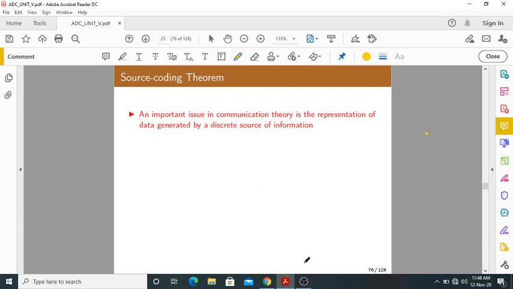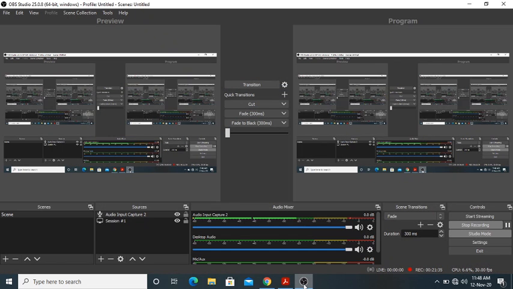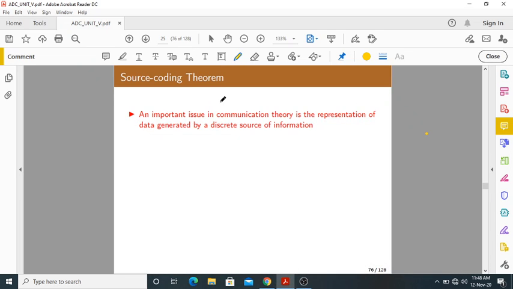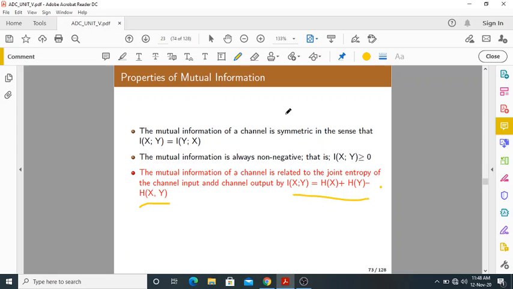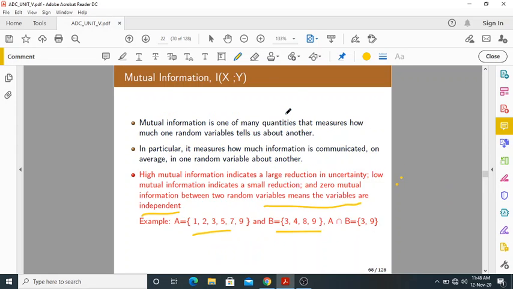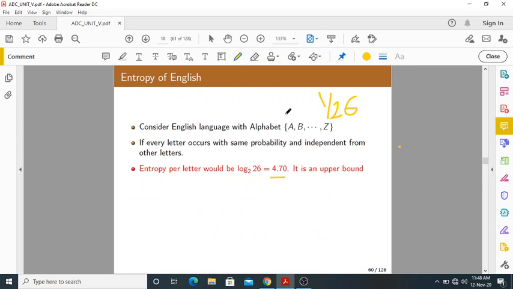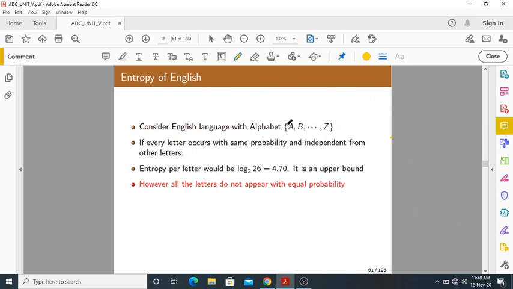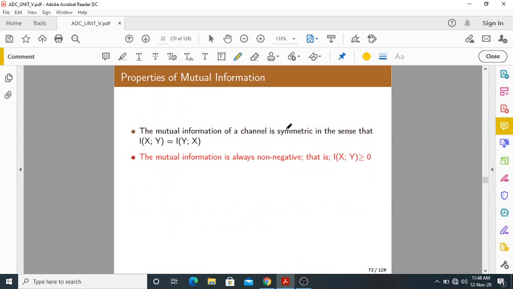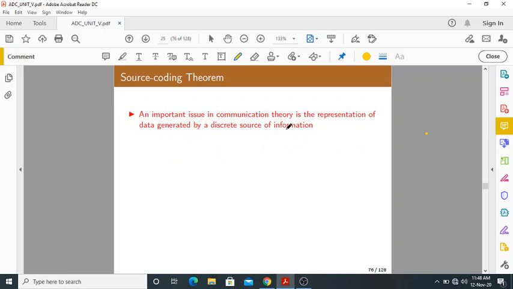So that is about mutual information, entropy, information, and the entropy function, all those things. Right, now let us briefly discuss another topic, called the source coding theorem.